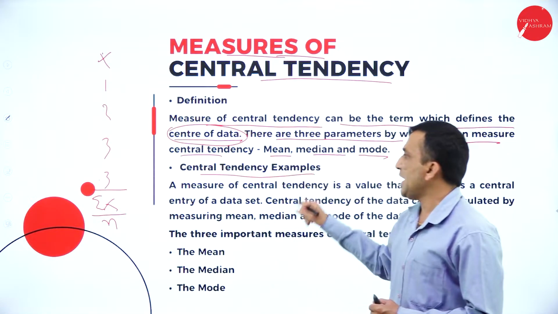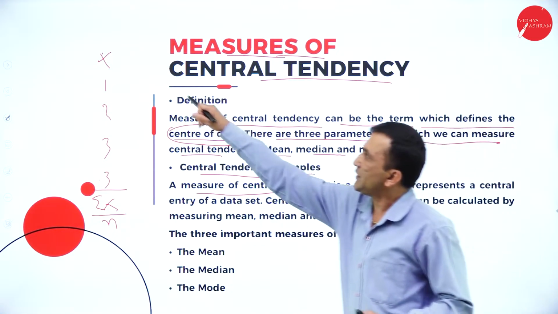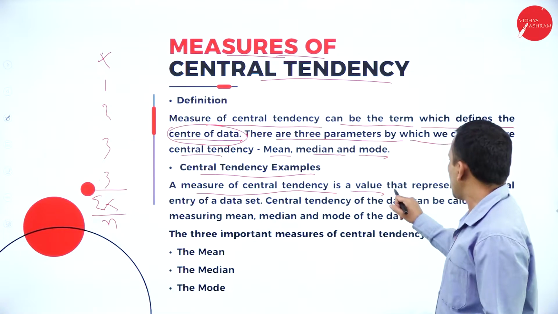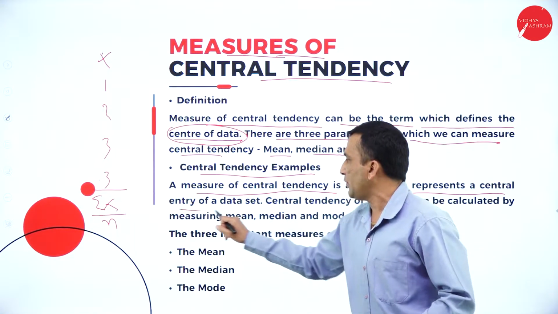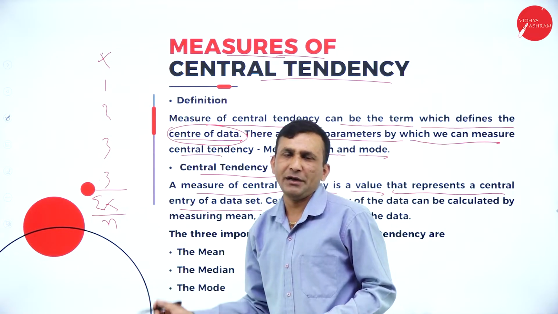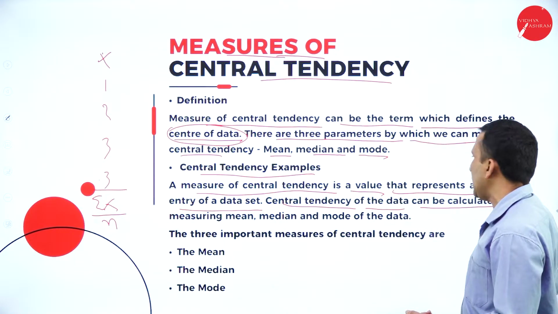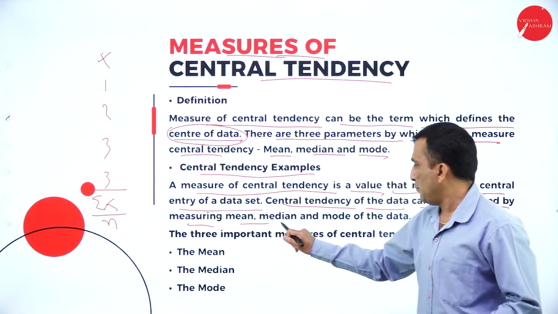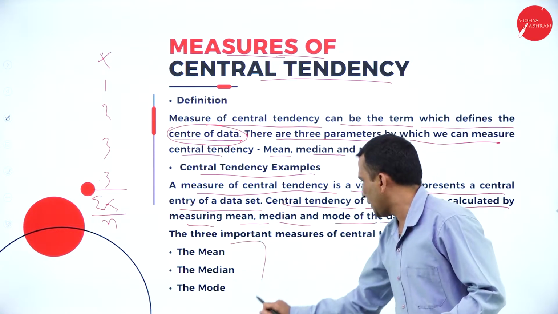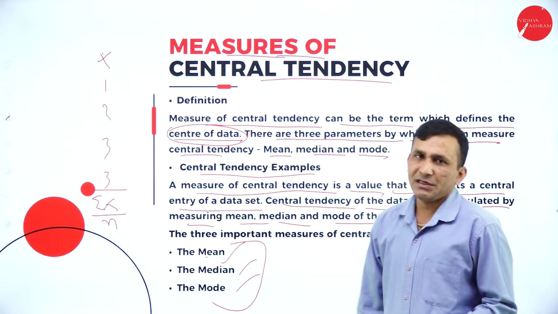The measure of central tendency is a value, because for the set of values, whatever numbers are given, finally we need to get one value. So that represents the central entry of the data set. The data set, one set of data, two sets of data, whatever it may be, will keep on varying. So the central tendency of the data can be calculated by measuring the mean, median, mode of the data. So there are three different measures of central tendency: mean, median, mode. Each and every one we will study in depth.